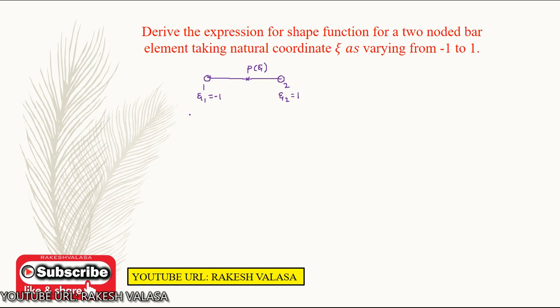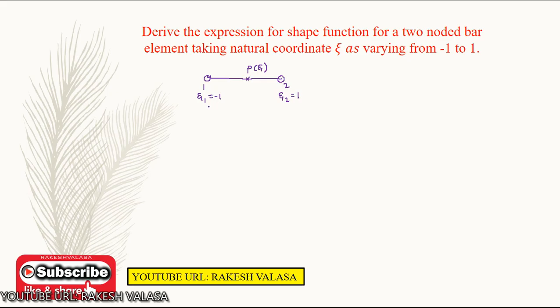The typical bar element in the natural coordinate zeta varying from -1 to +1 is shown in this figure. Since there are only two nodal values, zeta 1 equal to -1 and zeta 2 equal to 1, a linear polynomial is to be selected.